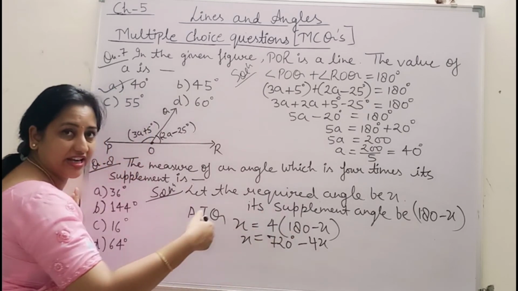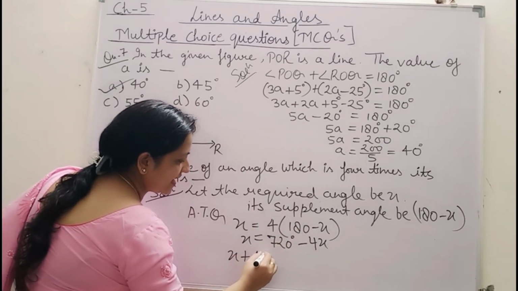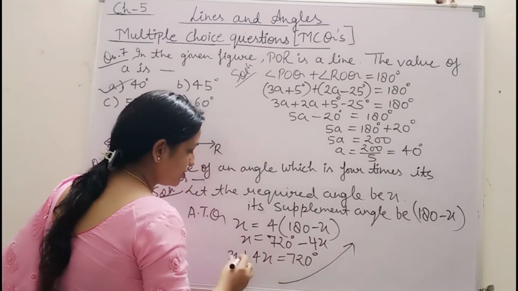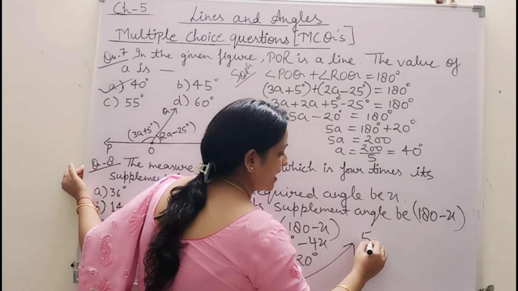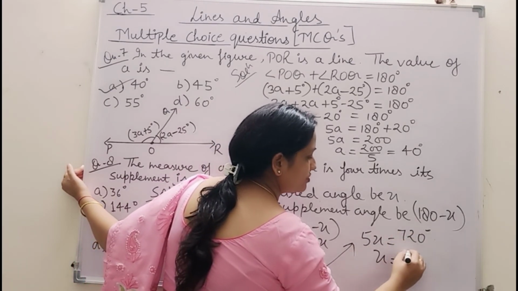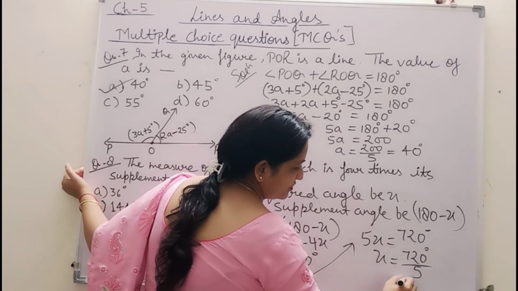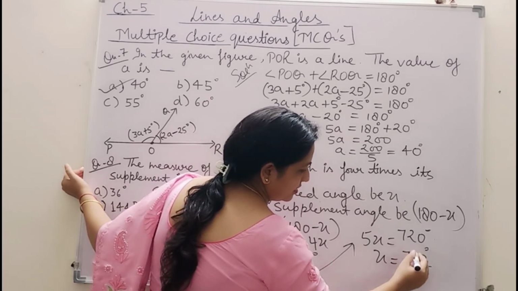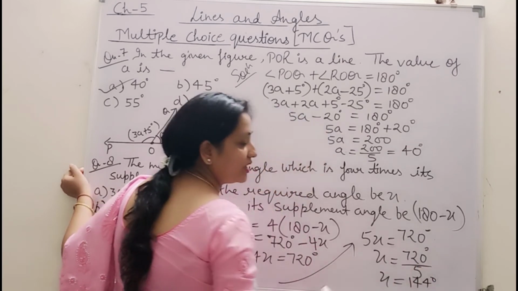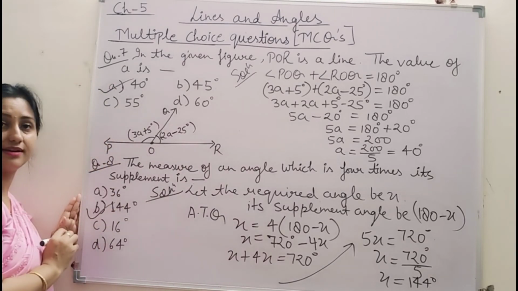Now we take the variable to one side, so x plus 4x is equal to 720 degrees. So 5x is equal to 720 degrees. So x is equal to 720 degrees upon 5, which is equal to 144 degrees. It means your B option is correct.